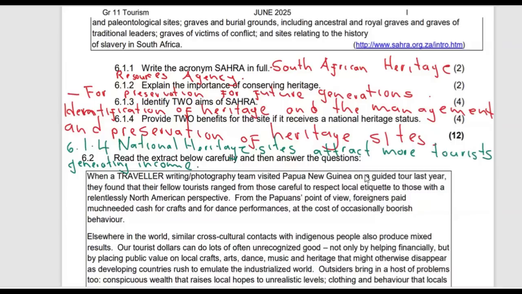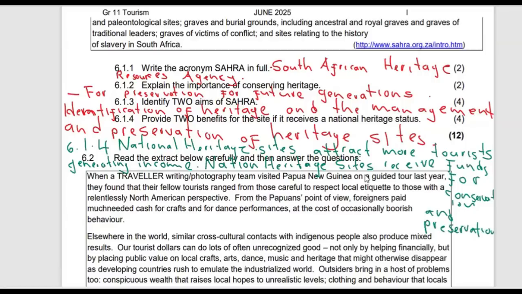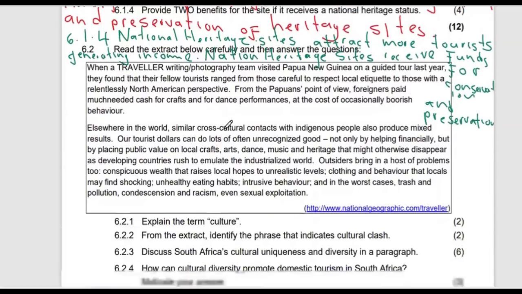Then national heritage sites also receive funding for preservation, funds for conservation and preservation. So they receive money from government, which is meant to conserve or preserve them.